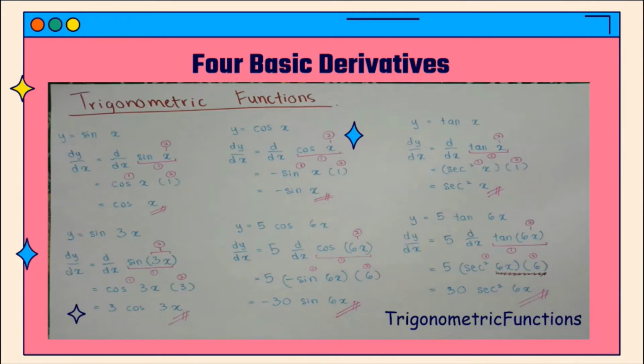The rules are summarized as follows. If f of x equals sine x, then f prime of x equals cosine x. If f of x equals cosine x, then f prime of x equals negative sine x. If f of x equals tan x, then f prime of x equals secant squared x.